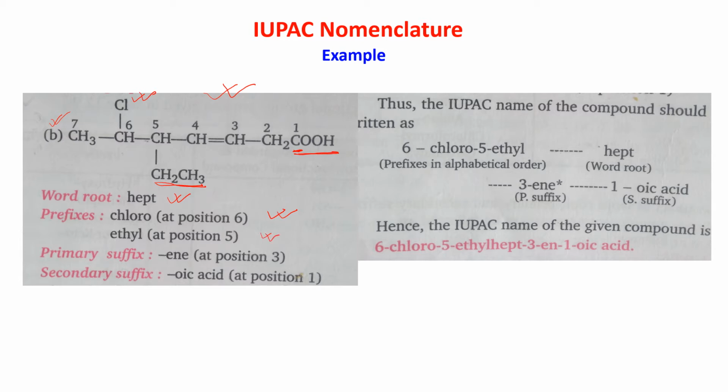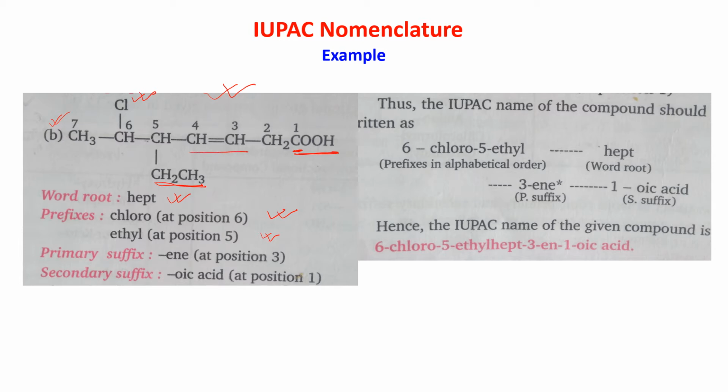There are 2 prefixes. Other than COOH, all will be prefix. Only COOH is the secondary suffix. There will be only one secondary suffix which is leading the group; except that, all others will be prefix, not primary suffix. Now what is the primary suffix? For the primary suffix, you have to see the carbon chain.